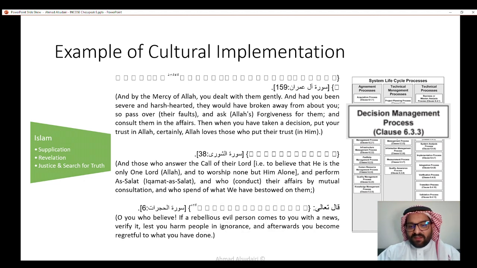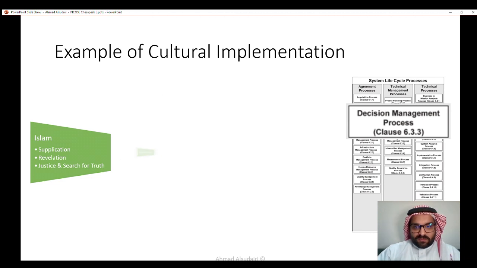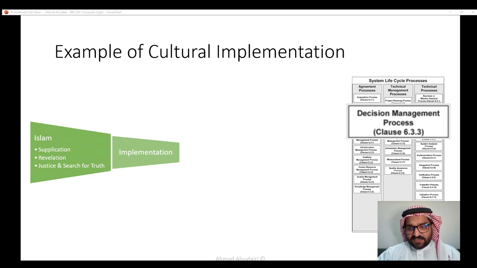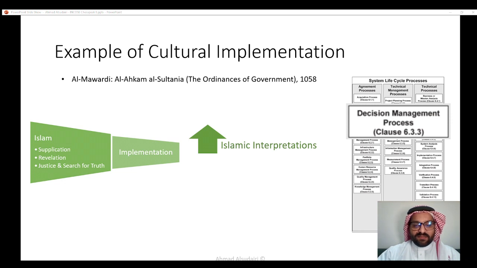Also, another ayah encourages people to verify each piece of news coming to them. For the implementation of the decision management process, there are Islamic interpretations, and some of them are very old, ancient, and very powerful.